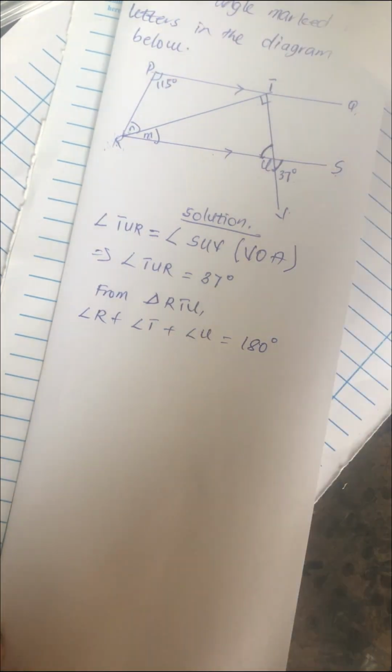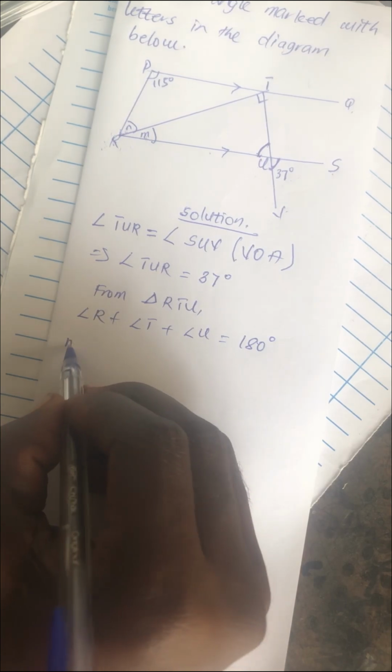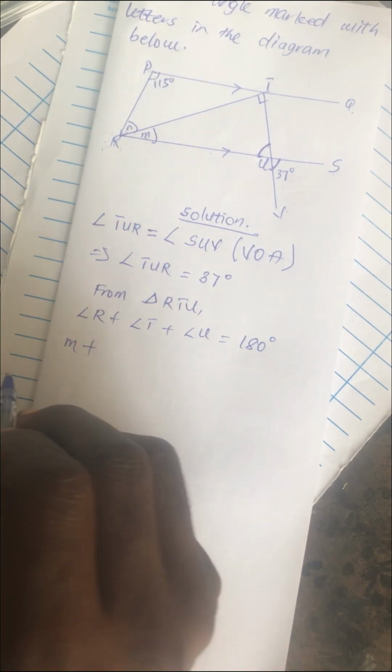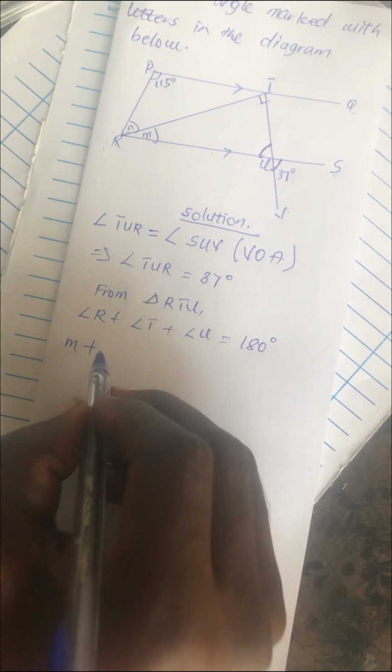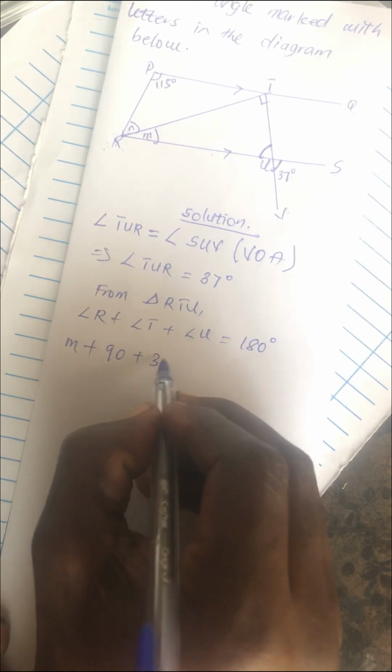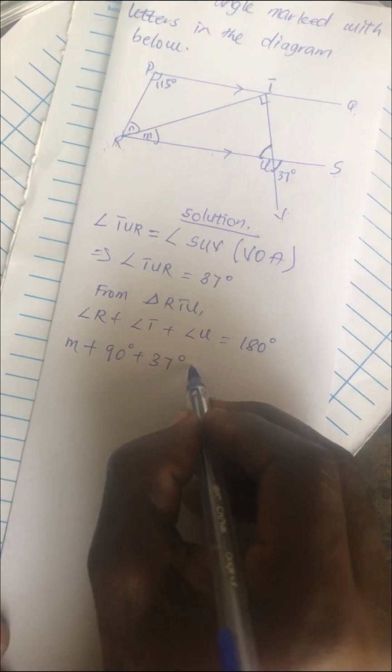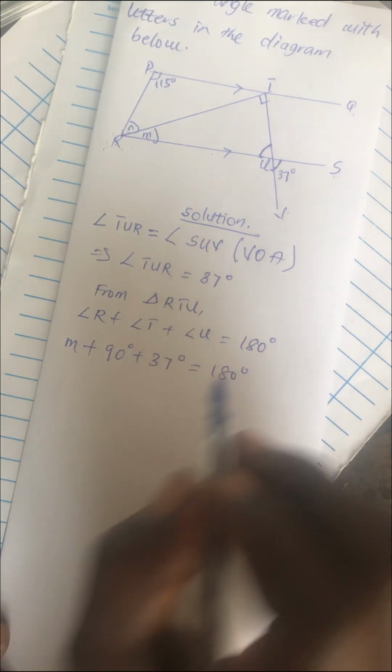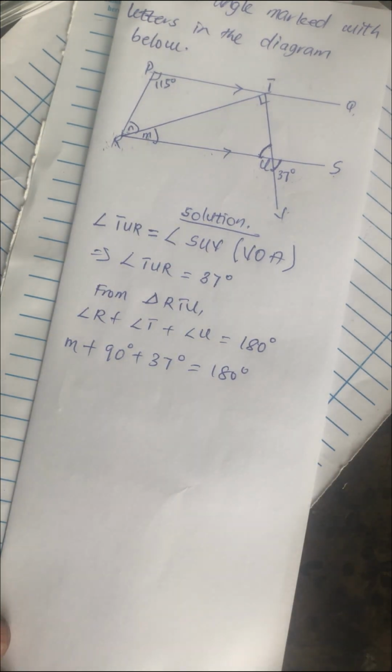Angle R is given as M. Angle T is given as 90. And then angle U has just been found as 37 degrees, all summing up to give 180 degrees.